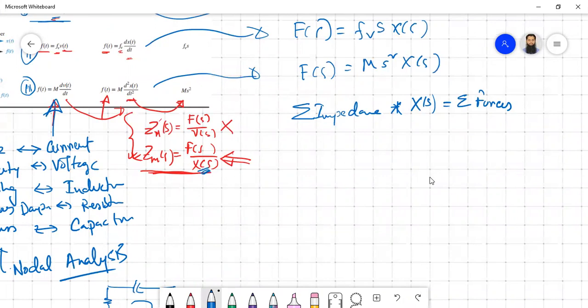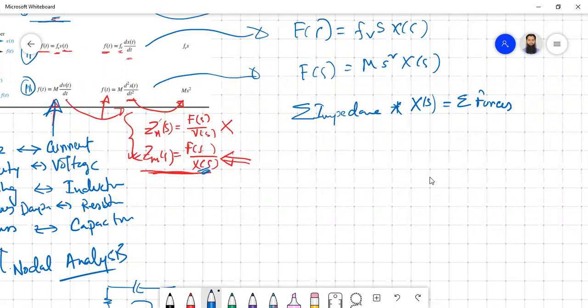And now, how many differential equations are required to represent a system? If you want to figure that out, what do we need to know? How many differential equations are required to represent a system?